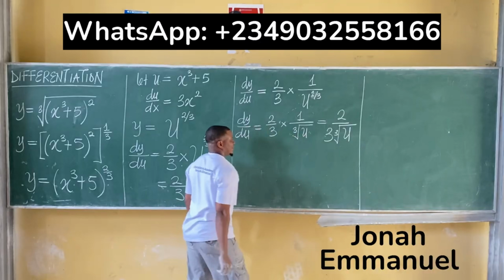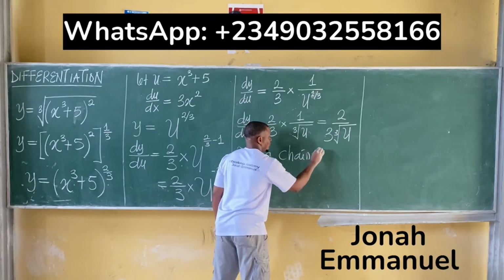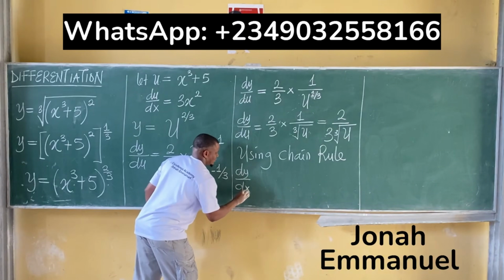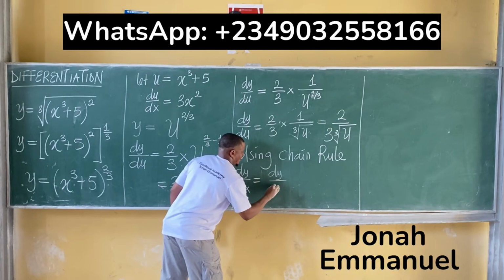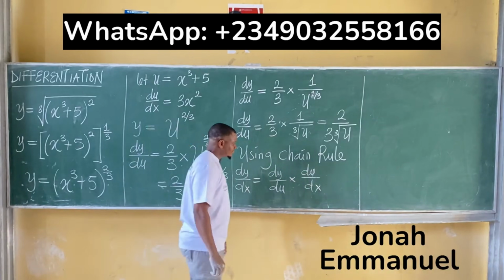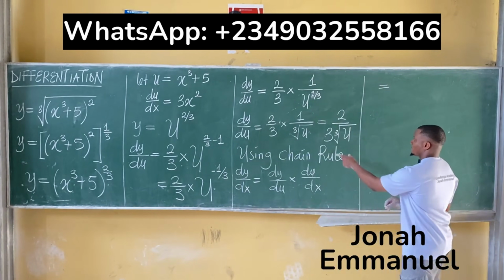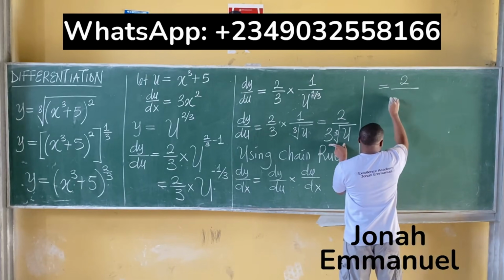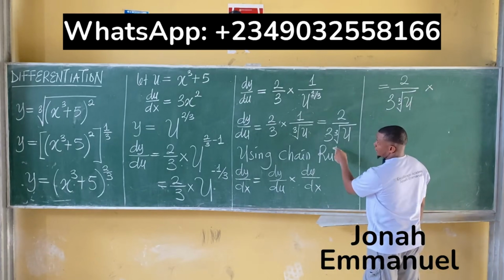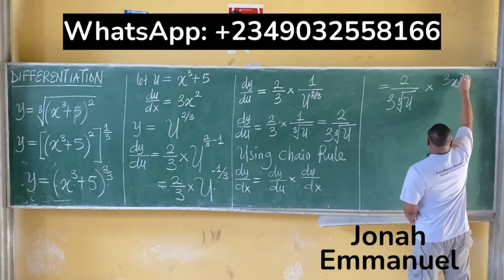So I have this. All right, at this juncture, we can now say using chain rule, we have that dy/dx is equal to dy/du times du/dx. What's dy/du? 2 over 3 into the cube root of u, times what's du/dx? 3x squared.